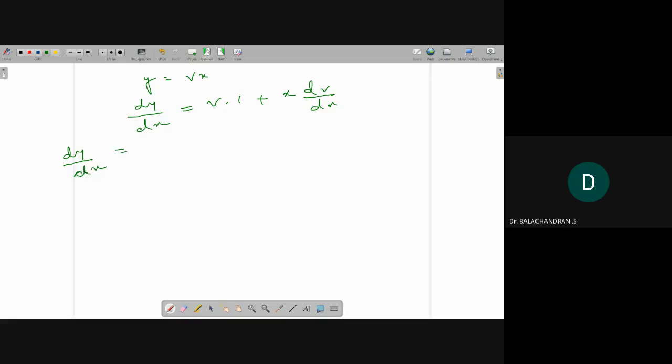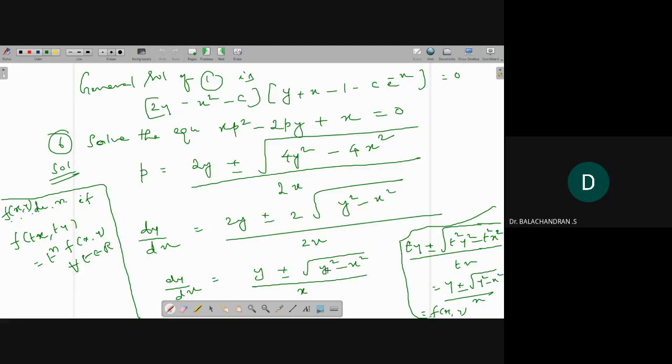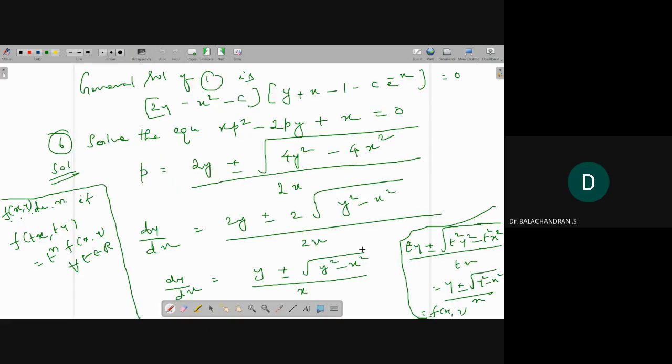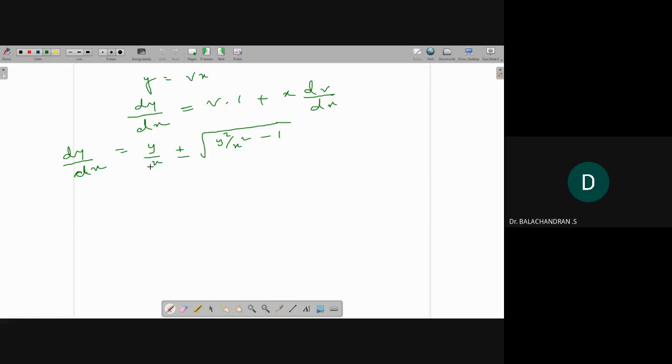equals, I'm going to divide by x, so y by x plus or minus root of y square by x square minus 1. So I'm writing this equation here. Now instead of dy by dx, we have v plus x into dv by dx.